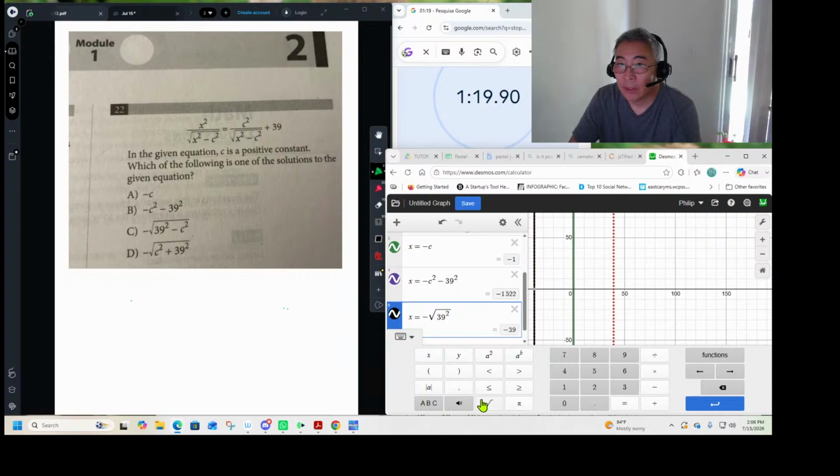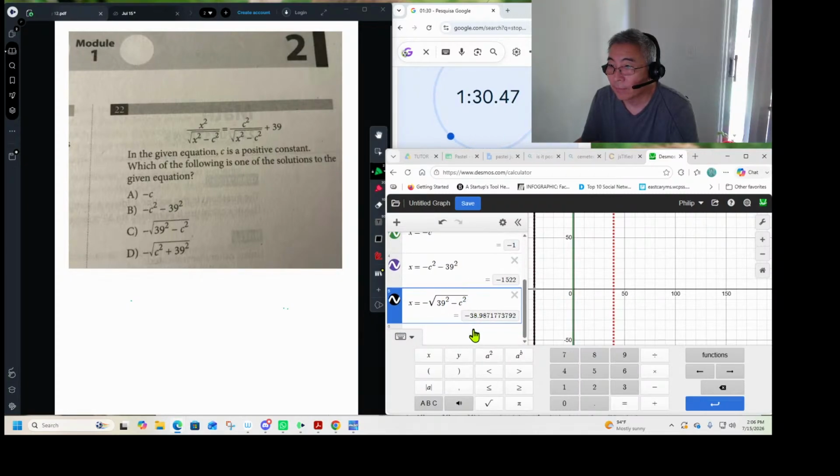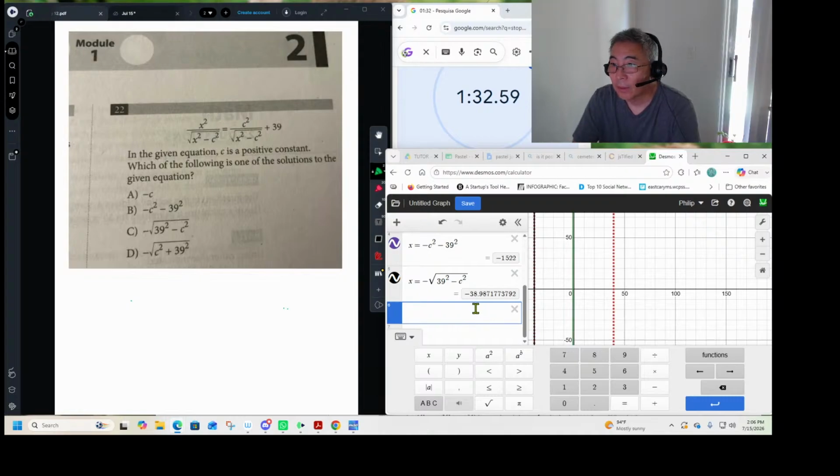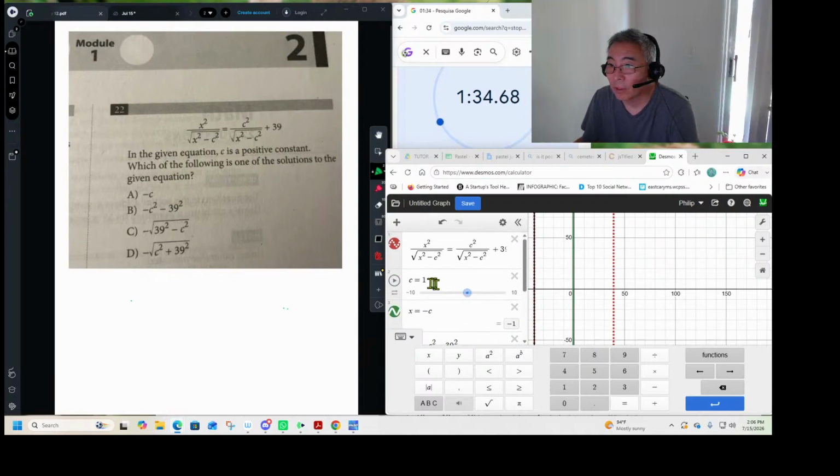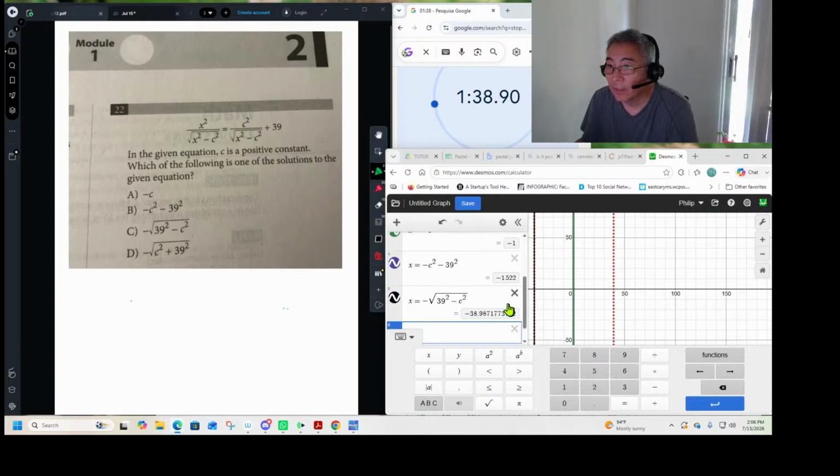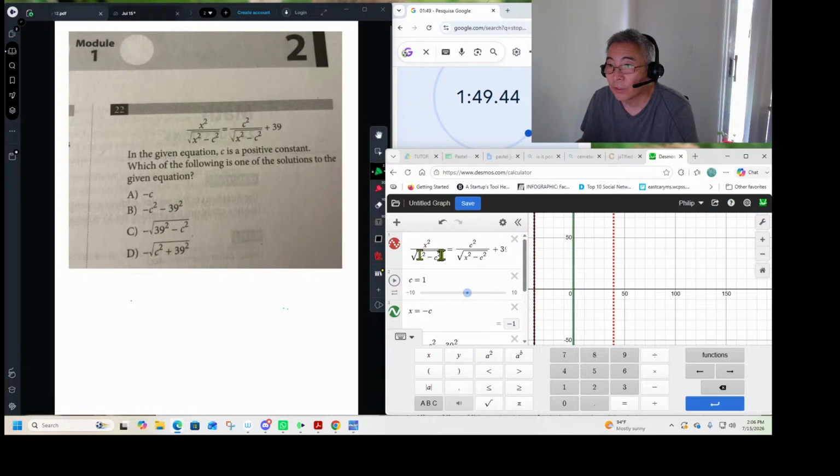39 squared minus c squared. Negative 38. Okay, that's wrong too. I'm looking for this line here. Actually, let's see. There's two solutions for this equation here.